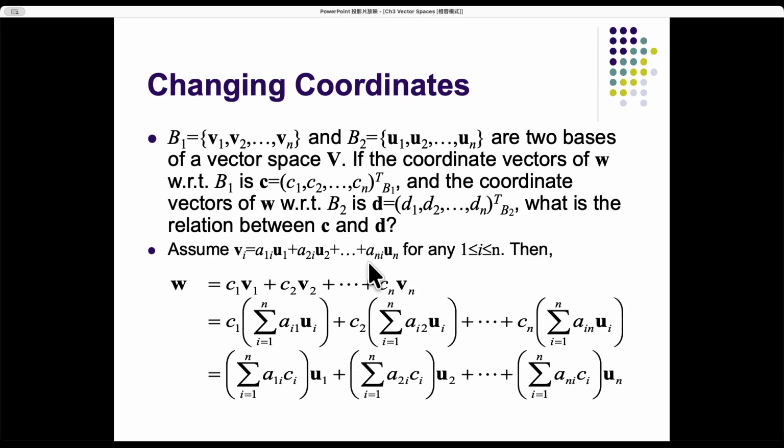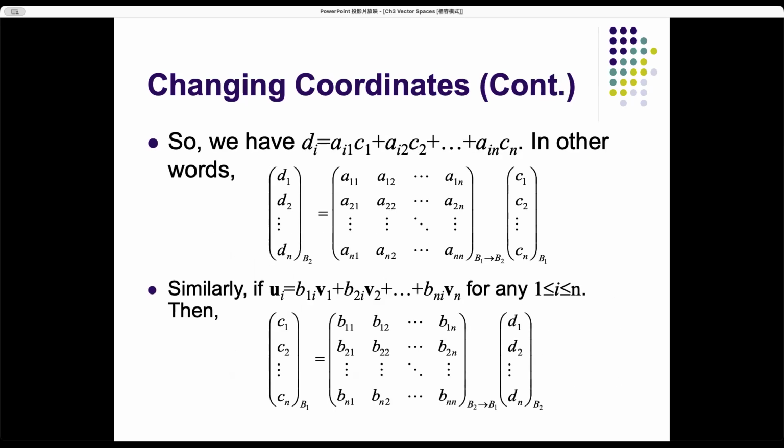That is the coordinate vector of V1 in terms of the second basis. This is the coordinate of V2 in terms of the second basis, and so on. So these are column vectors, and this is the matrix from B1 to B2.